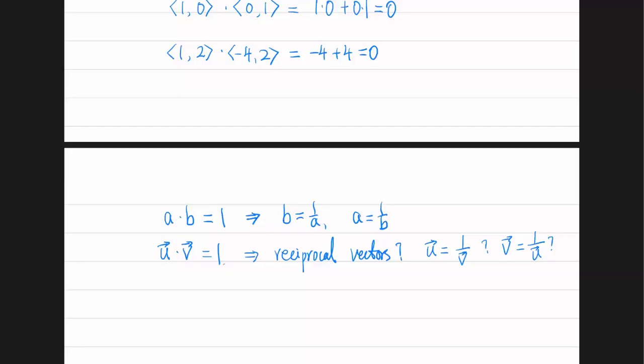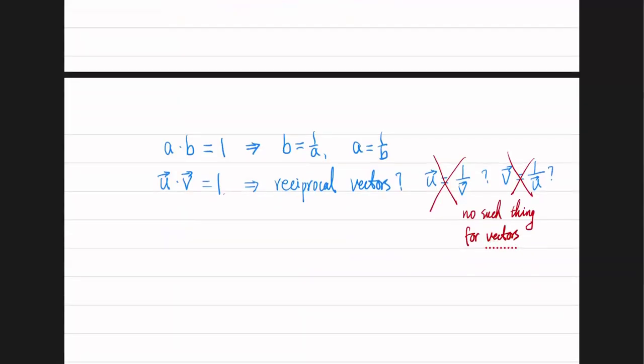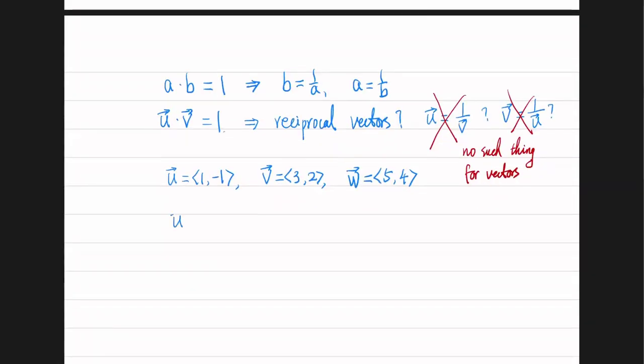There's no such thing for vectors. As an example, let's compare the dot product UV and UW.